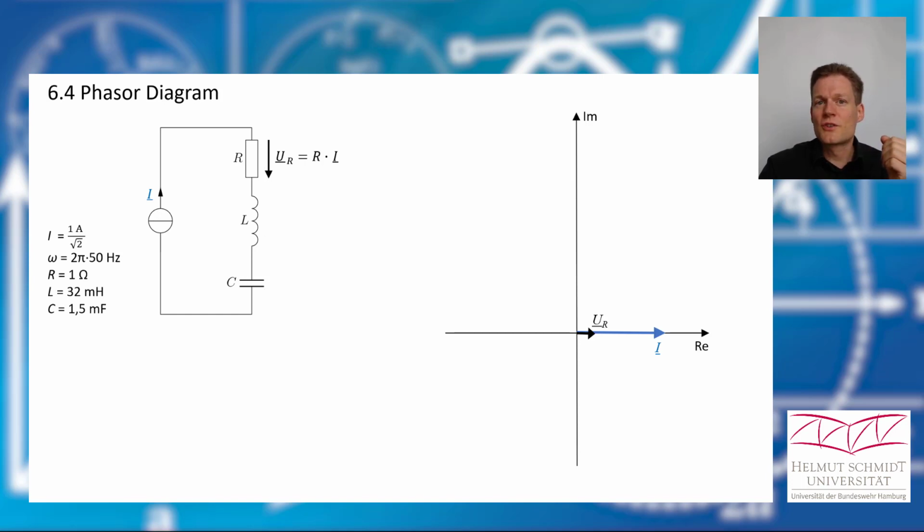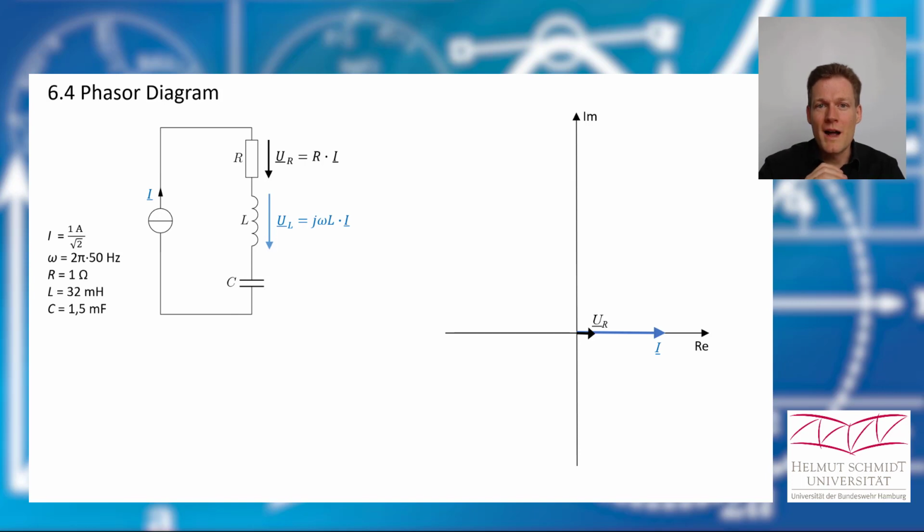And now the voltage drop at the inductor has this phase shift of, what is a phase shift? Okay, let's think about the multiplication of complex numbers again. So we have our current, and this current is multiplied with a complex number j omega L. And j omega L is a pure imaginary number because we have this j in front of it. And now we multiply them.